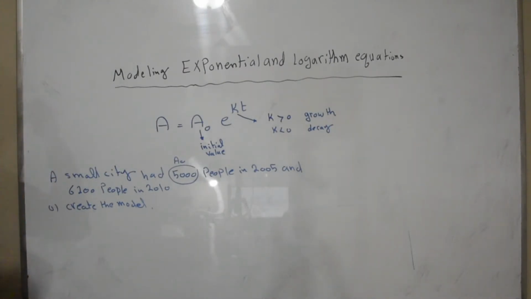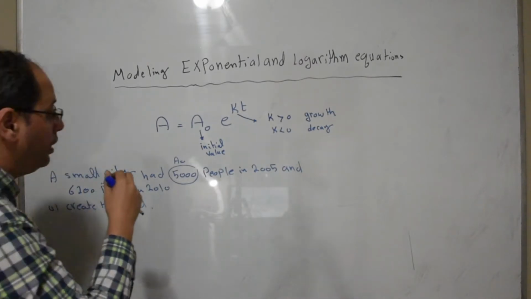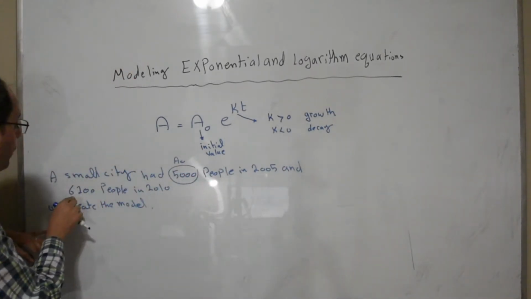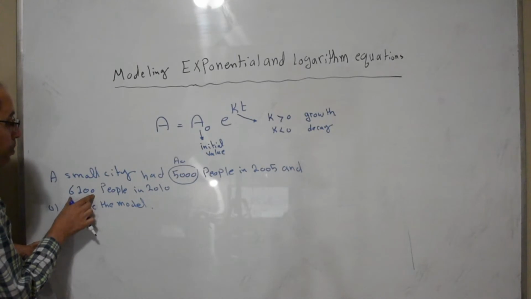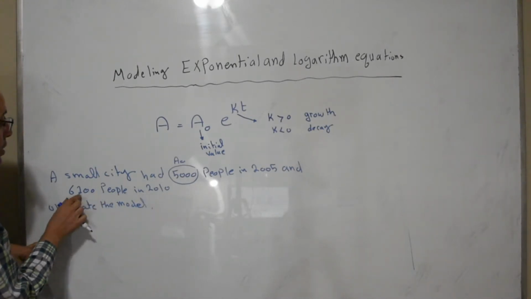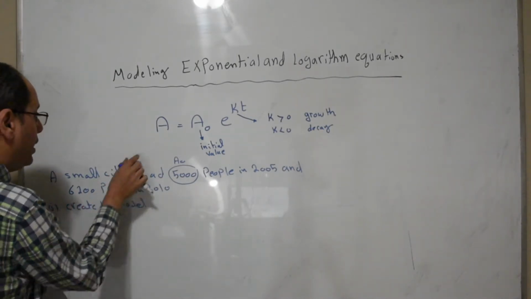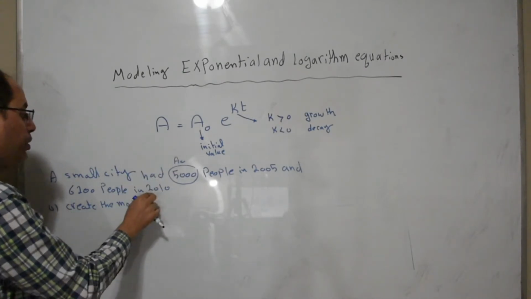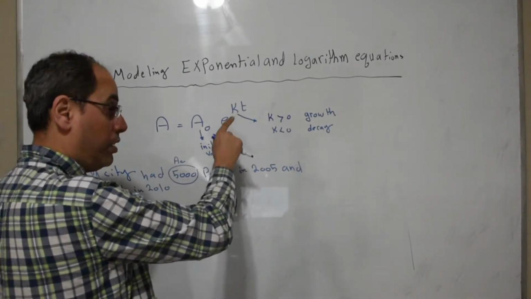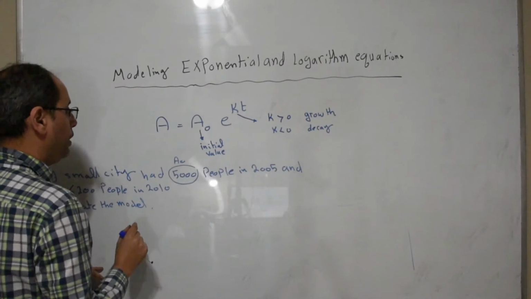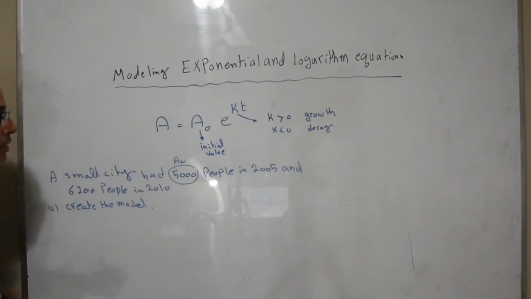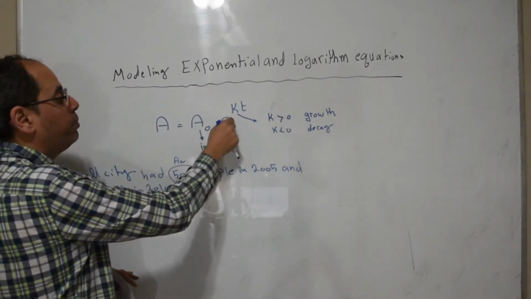Here, there is extra information given that the number of people in 2010 is 6,200. So that means that A in 2010, when T is something, and we're going to find it right now, is 6,200. So I can use this to compute.